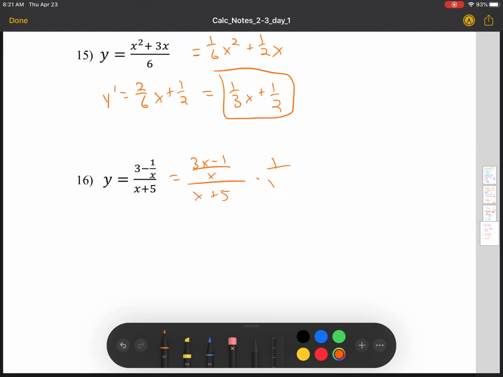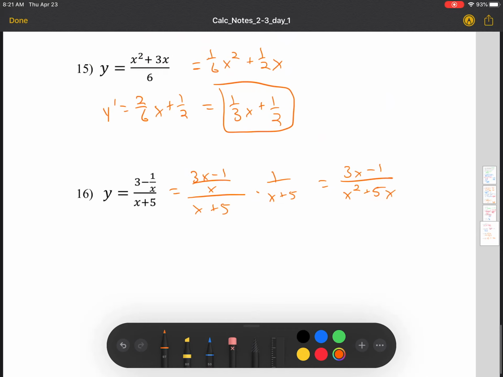Now we're going to multiply by 1 over x plus 5. So we can get something that looks a little cleaner: 3x minus 1 over x squared plus 5x. I say this is cleaner because now we have two clear functions that are a little bit easier to work with, that we've dealt with before. So we're going to keep doing our work.